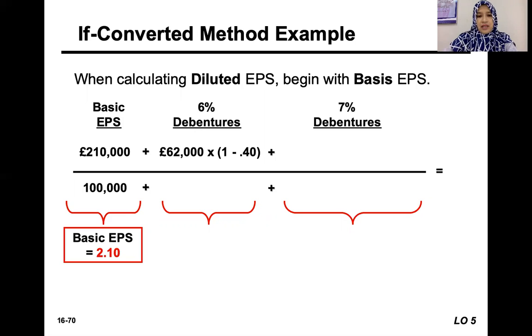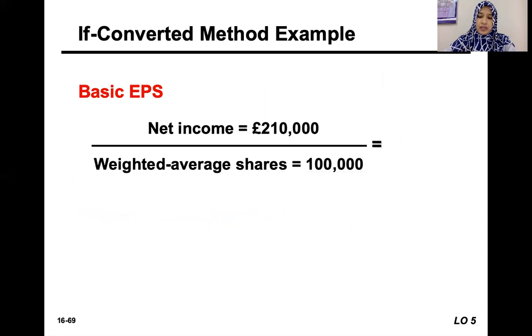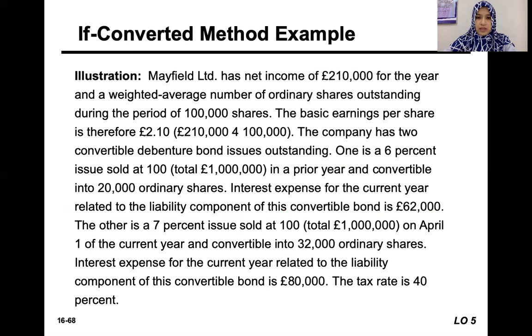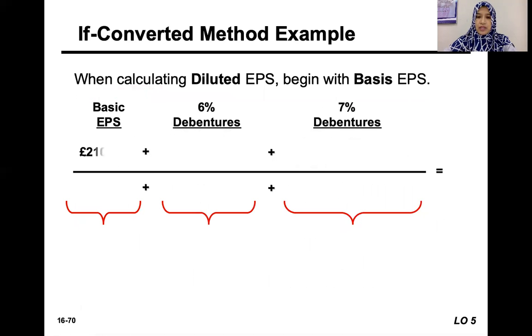And we need to add the number of convertible ordinary shares. Remember, the first bond can be converted into 20,000 ordinary shares. So we assume the bond is converted into ordinary shares.